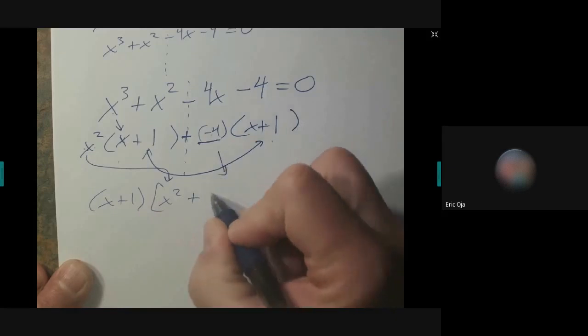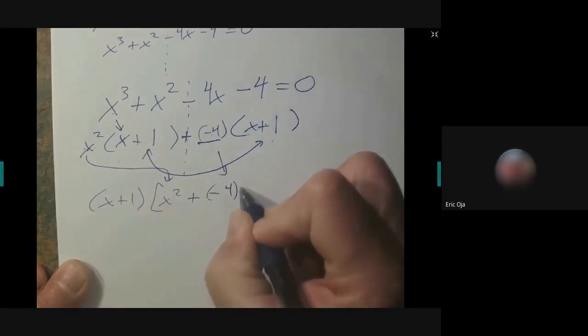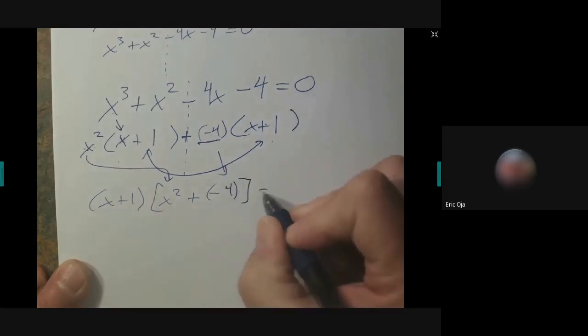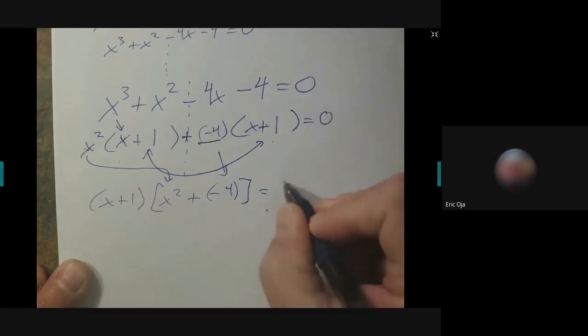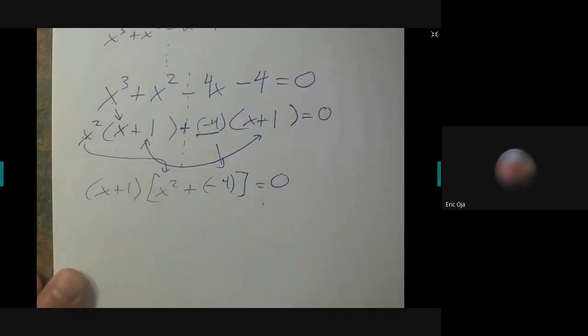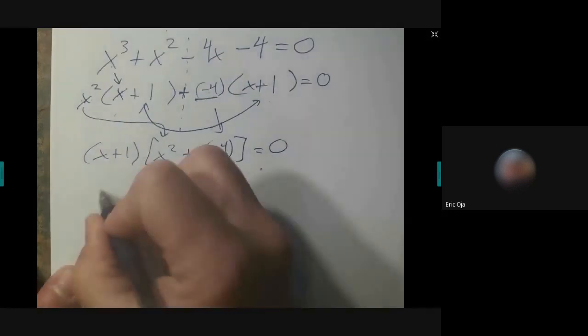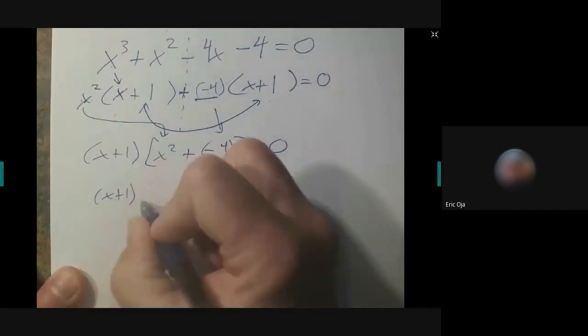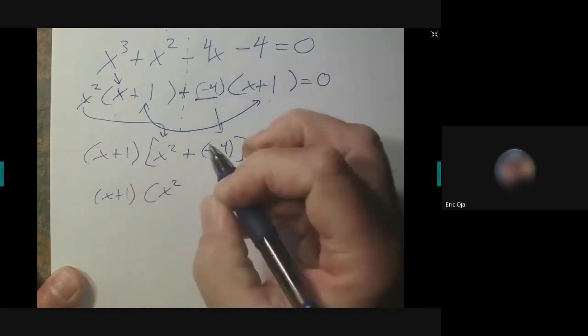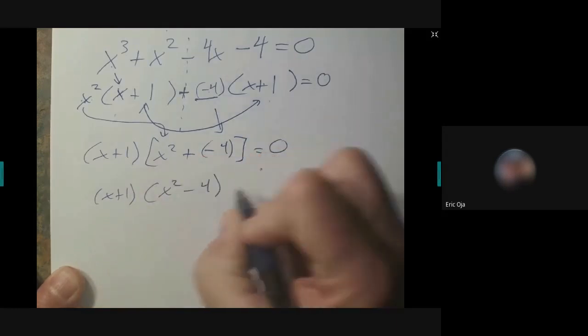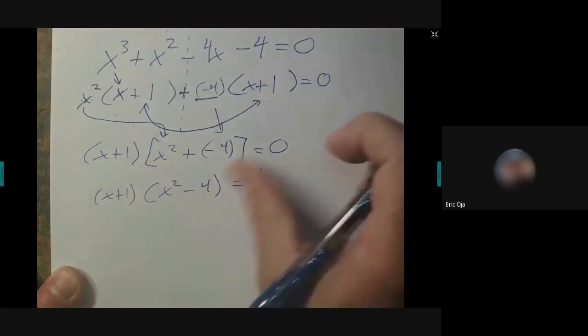Second group only has a -4. And remember, this whole thing is equal to 0. Now look what I did. I've got this thing factored into x plus 1 times x squared minus 4.